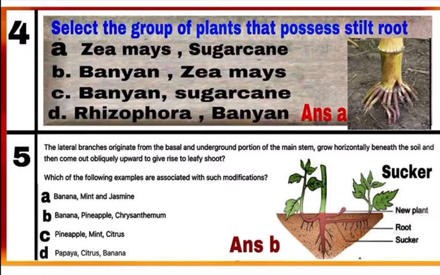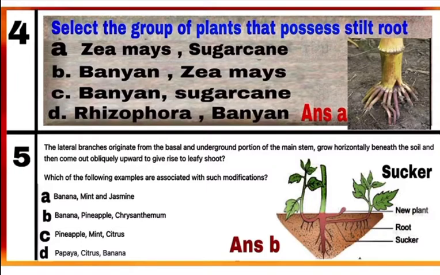Come to question number 5. The lateral branches originate from the basal and underground portion of the main stem and grow horizontally beneath the soil and come out obliquely upward to give rise to a leafy shoot. Which of the following examples are associated with such modifications?